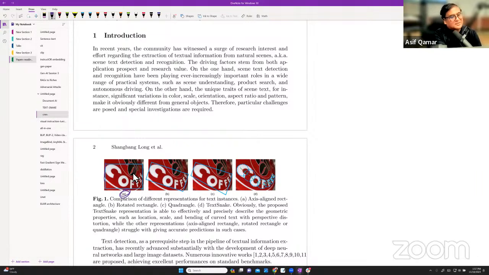The word coffee is in a curve. Then people try to improve upon that approach using approach B, which said, okay, let's tilt the rectangle, right? First, figure out what is the angle of the rectangle, and we'll work with that. It's an improvement upon the first approach. When you tilt the rectangle, well, something is better, but still not quite okay, right?